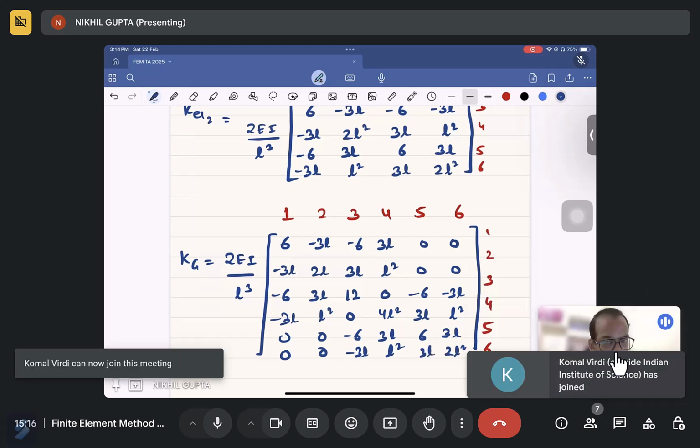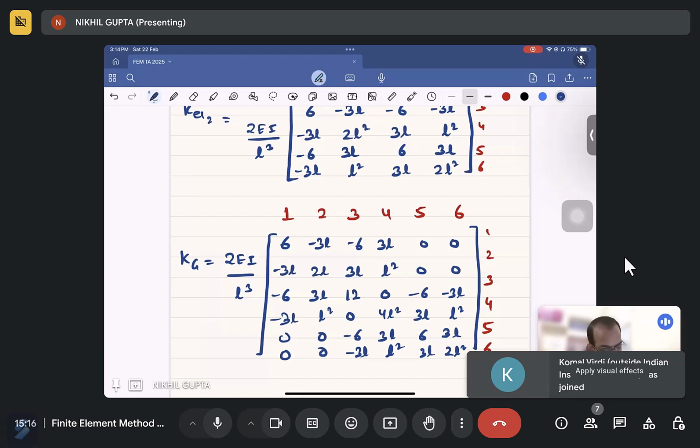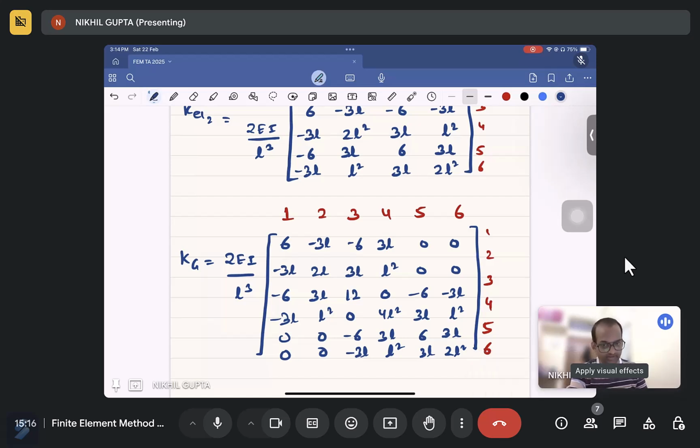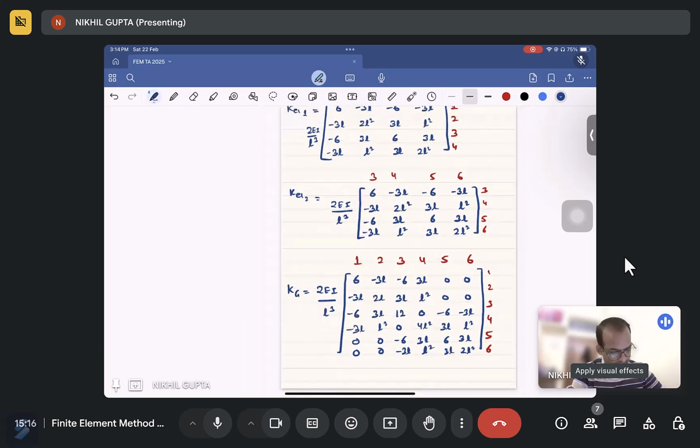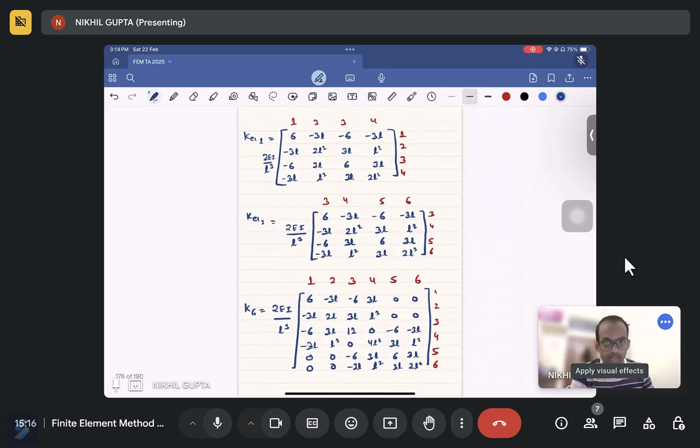Okay, so is there anyone who has a doubt how this global matrix has been formed? I have directly written the solution. If anyone is having a doubt, I can go into detail and explain how it is formed. If you want, I can zoom in and you can see. I'll wait for 2 more minutes so that you can grasp how it has come.